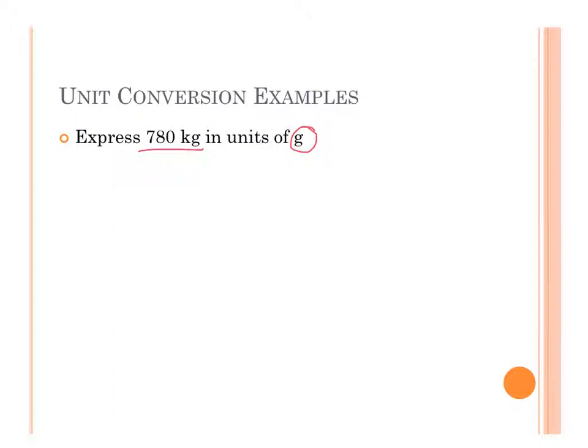Then I identify the unit conversion that I need to use, and according to my unit conversion sheet, there are 1,000, or 10 to the third, grams in every 1 kilogram. Again, I'll write it as a sentence, but also I'll write it as you'll see it on the paper.